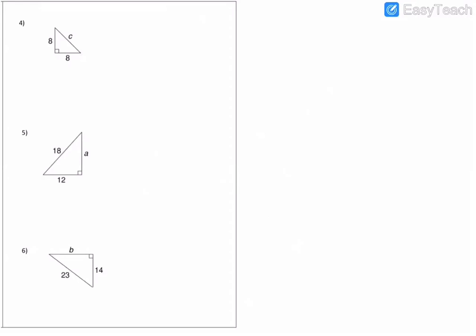Let's do another one like that. Number 4. A squared plus B squared equals C squared. I have my A, my B, and I'm looking for C again.